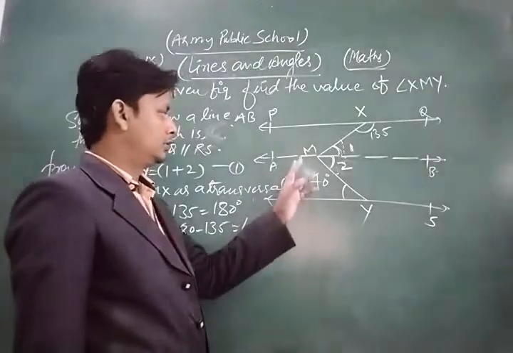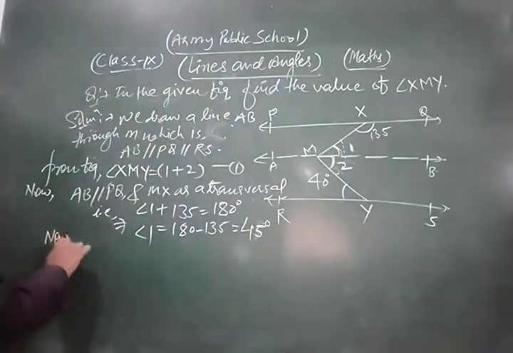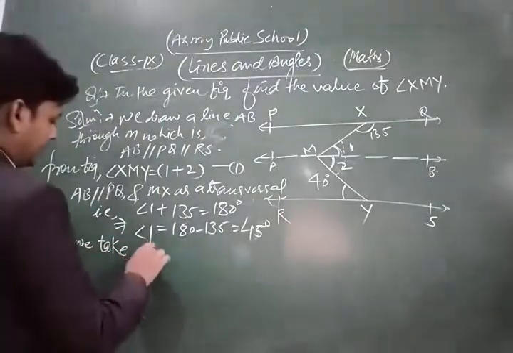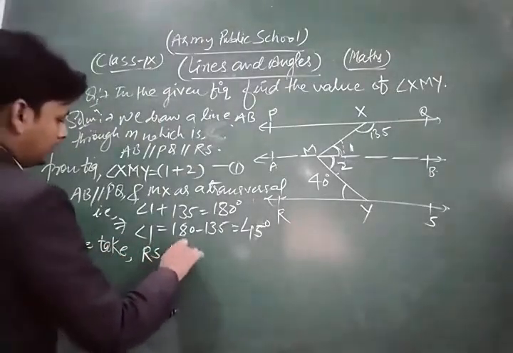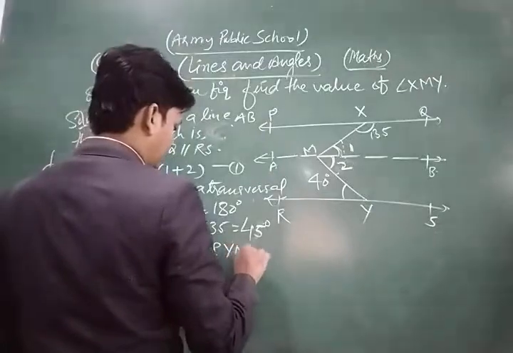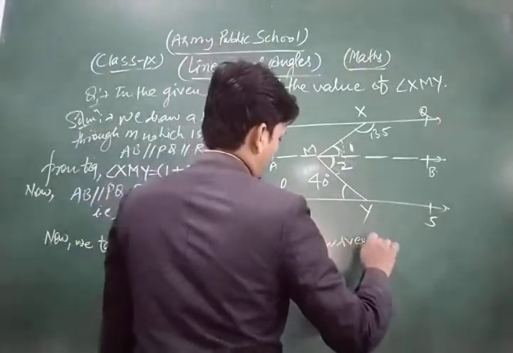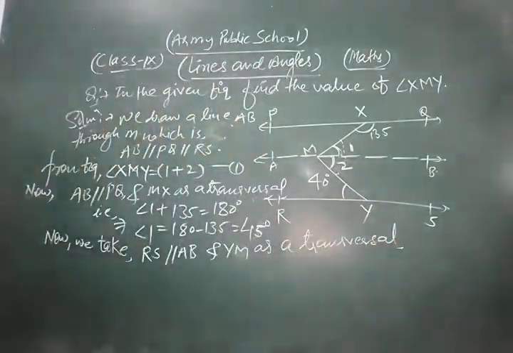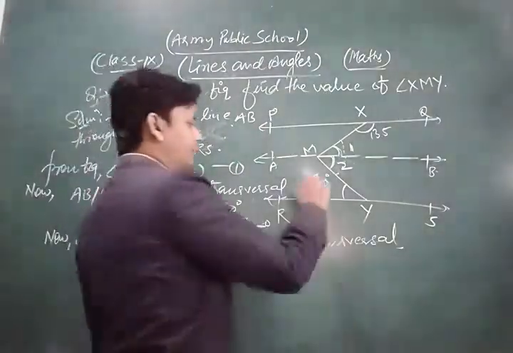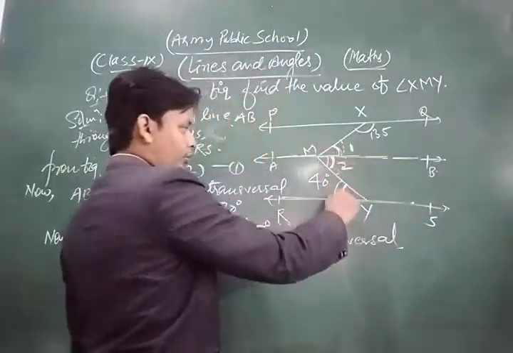Now we take AB parallel to RS. Okay, now we take RS parallel to AB and YM as a transversal. Look, dear student, if this line is parallel to this one, then these are alternate interior angles, angle 2 and 40 degrees.